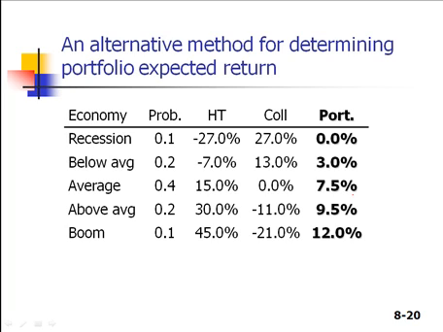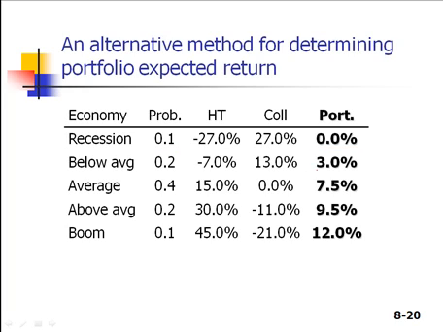So then you would go through and do essentially just what I showed you in the very first part of the chapter, and you would look at each of the 5 states of the economy and what the portfolio would pay off in each case. So let's see, in the recession state there would be a 0% return, and the chance of that happening is 0.1, so you've got 0.1 times 0%, and of course that's just 0%.